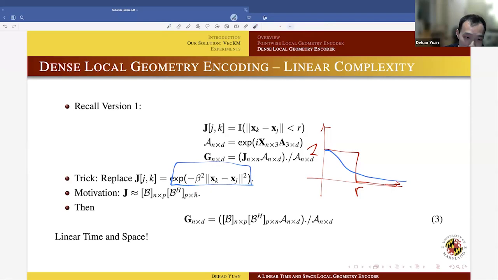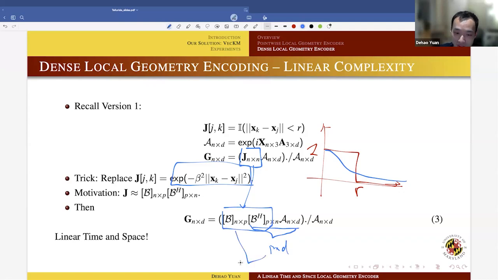After we replace the adjacency matrix with this exponential decay, we can approximate it with a matrix multiplication. If you look here, this J will be replaced by B times B Hermitian, where Hermitian is kind of transpose. After we do that, we can do this matrix multiplication first, and it gives you a P by D matrix.